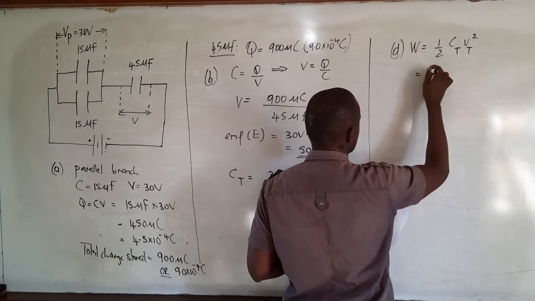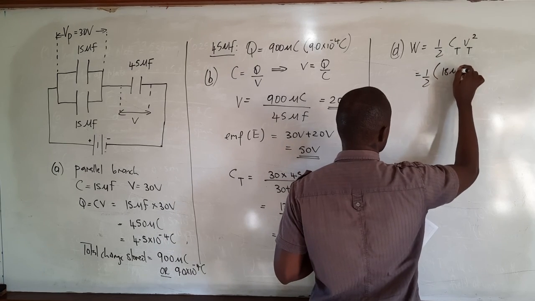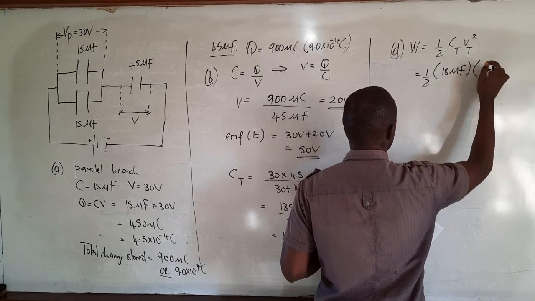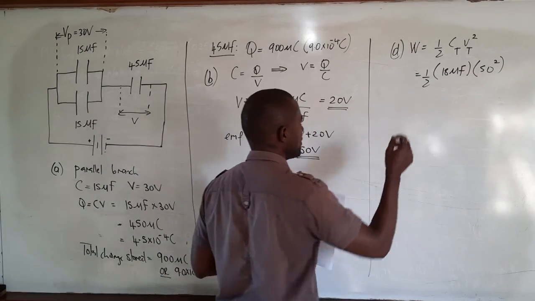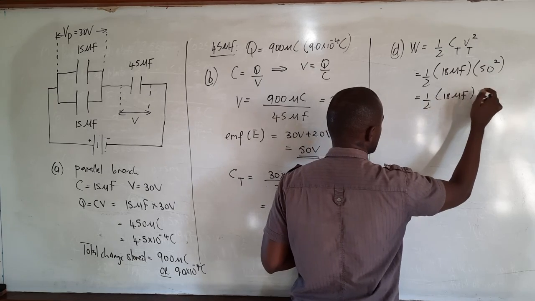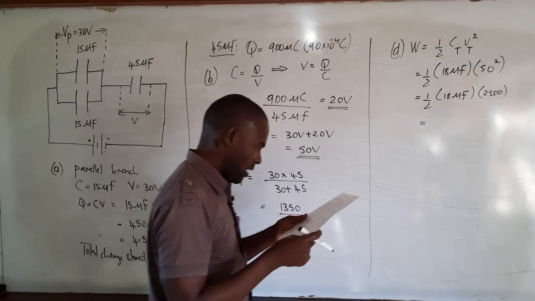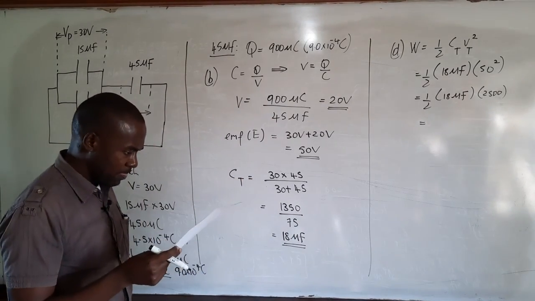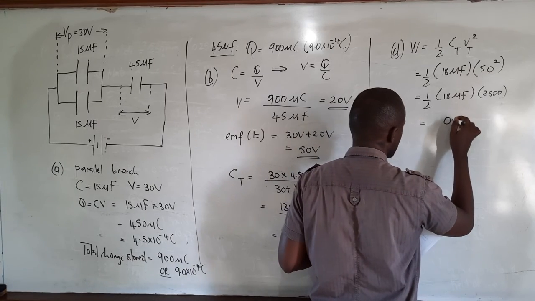So this gives us a half times 18 microfarads times 50 squared, right? So a half times 18 microfarads times 2500 gives us approximately 0.0225 joules.